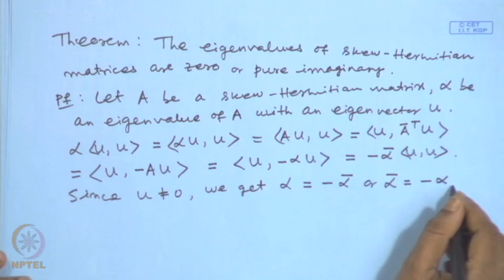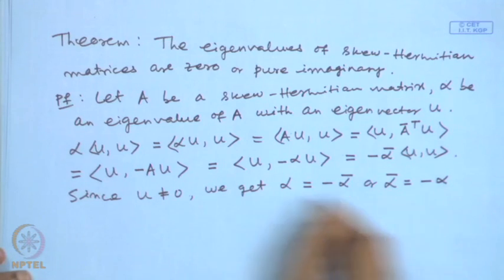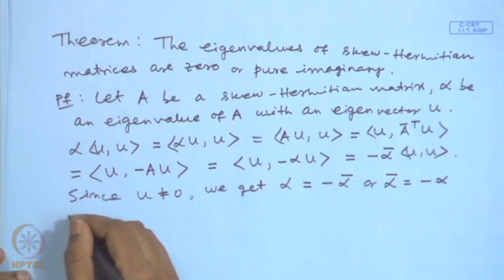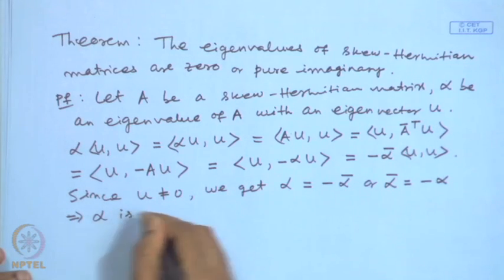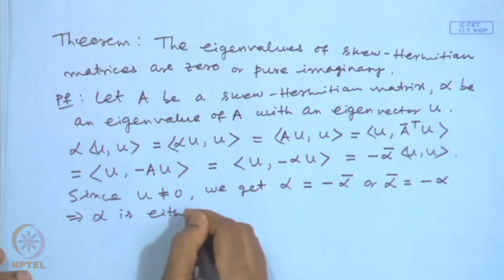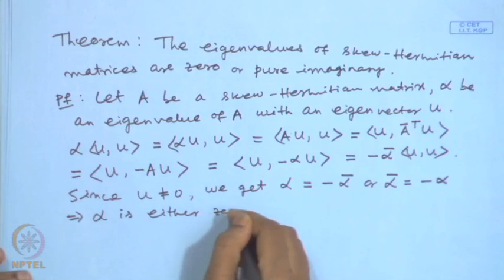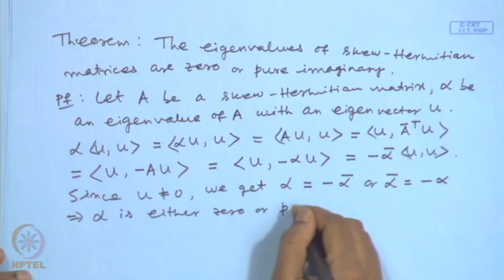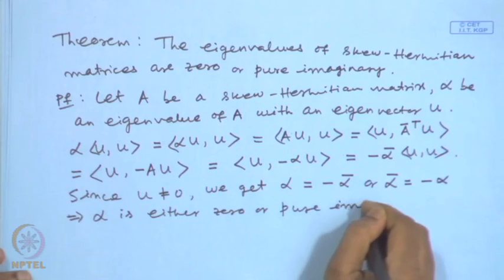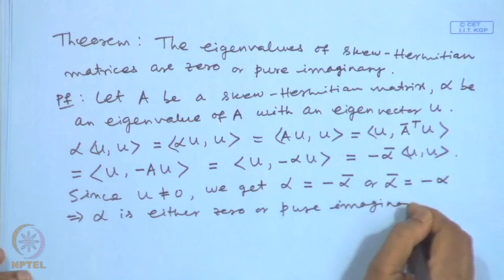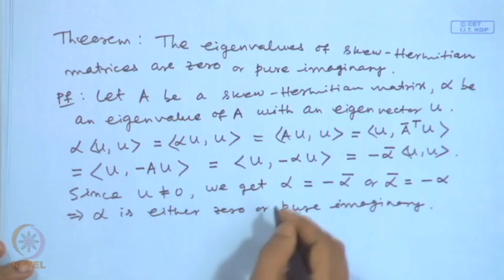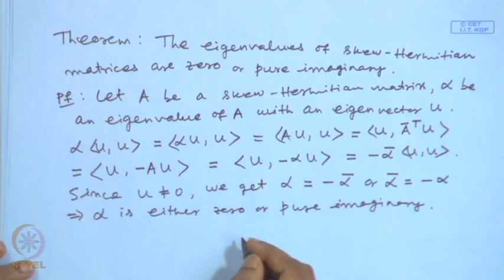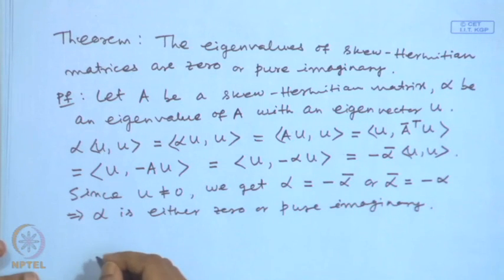So, this says that alpha is either 0 or pure imaginary. So, this is how we prove that the eigenvalues of skew Hermitian matrices are 0 or pure imaginary numbers.